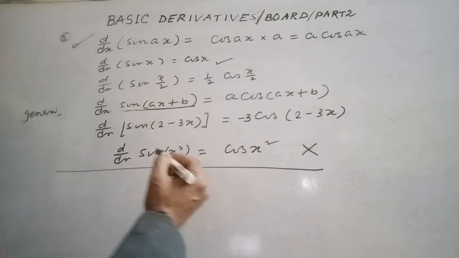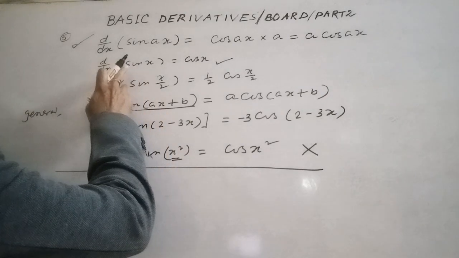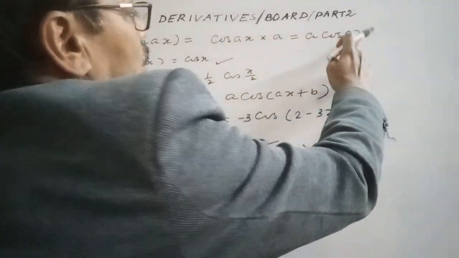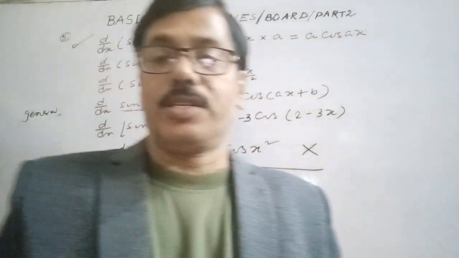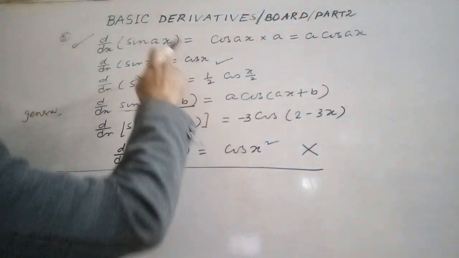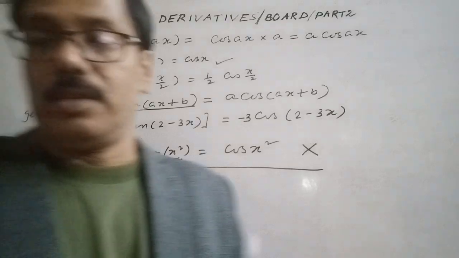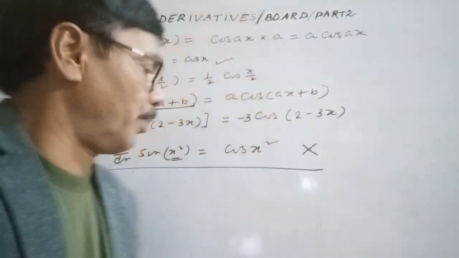Now d dx of sin ax equals to cos ax into a cos ax. Restriction is this argument must be linear and this angle measured in radian.